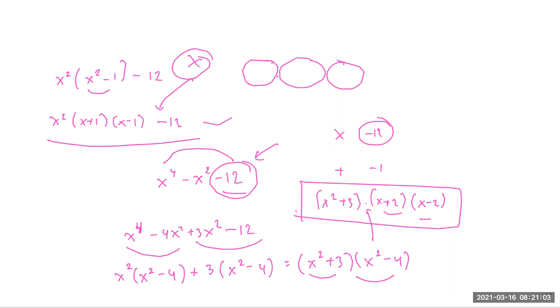But I have a technical question, Mister. During the splitting middle terms thingy, is there any fast way to find the middle terms, like the negative 4 and the 3, the two terms?